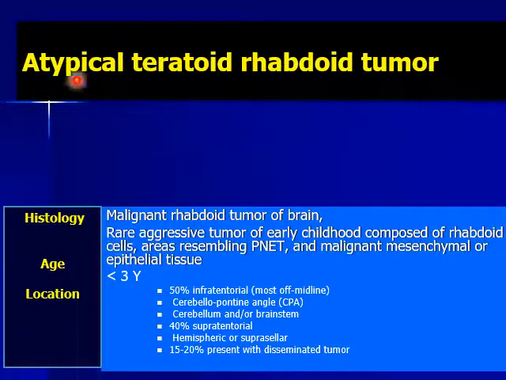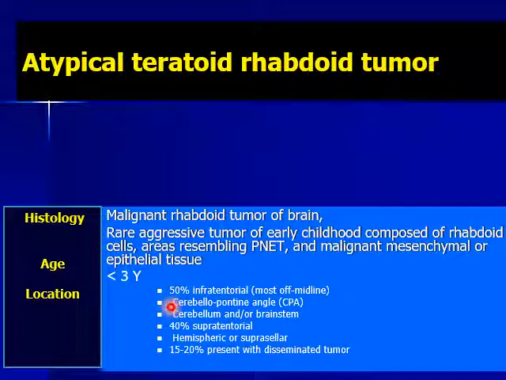So it is an aggressive tumor that can be associated with CSF seedlings. It is a malignant rhabdoid tumor of the brain, a rare aggressive tumor, and the clue here is the age, usually below 3 years old.